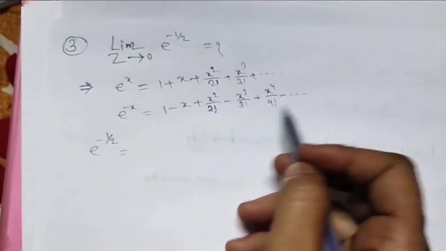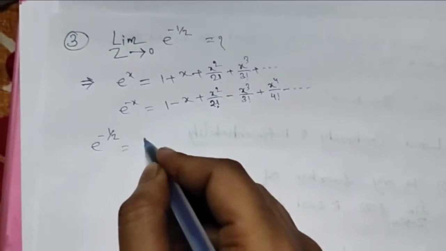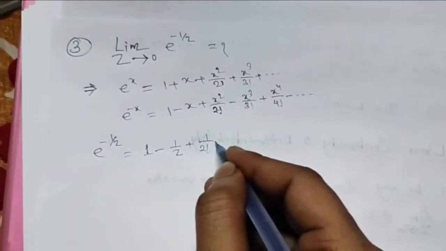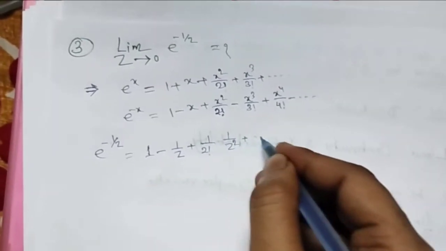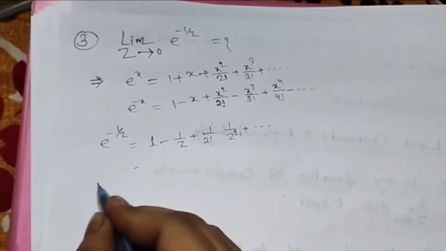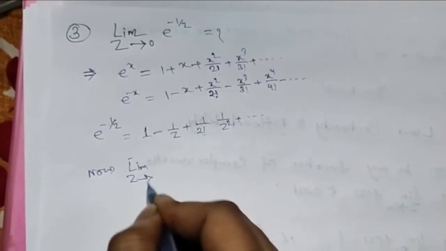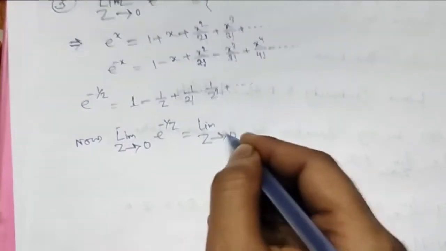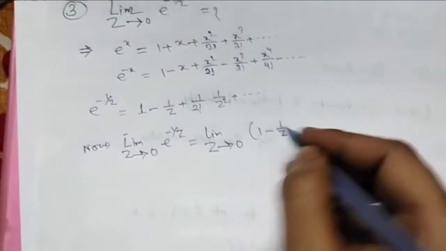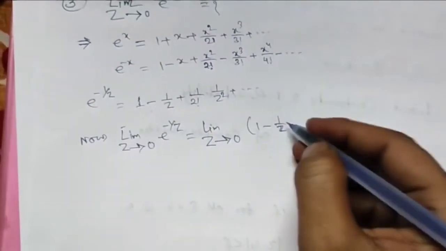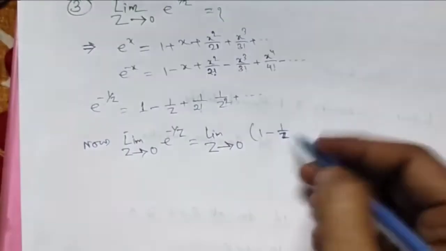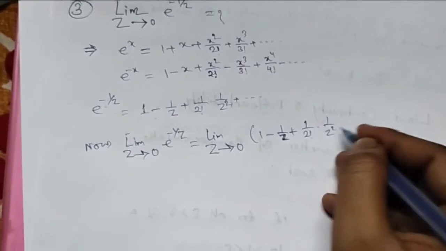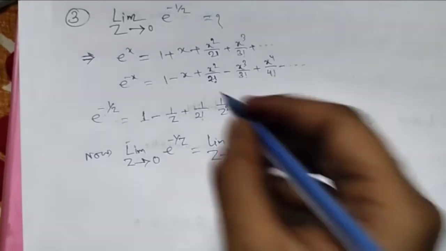Here this is a term of e to the power minus x, so we write 1 minus x, where x means 1 by z, so 1 minus 1 by z plus 1 by 2 factorial into x square, meaning 1 by z square, and this continues. So now limit z tends to 0 of e to the power minus 1 by z is equal to limit z tends to 0 of 1 minus 1 by z, which is the expansion of e to the power minus 1 by z, replaced here, plus 1 by 2 factorial into 1 by z square, minus, and this continues.